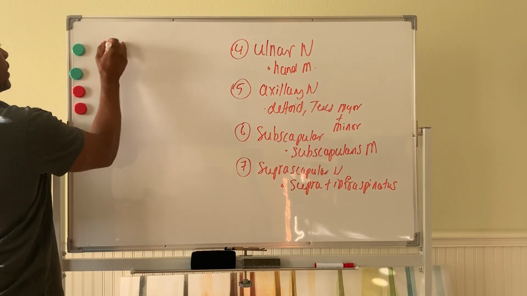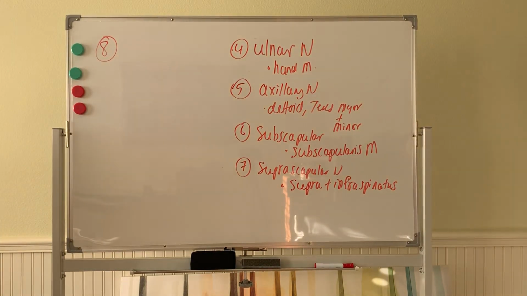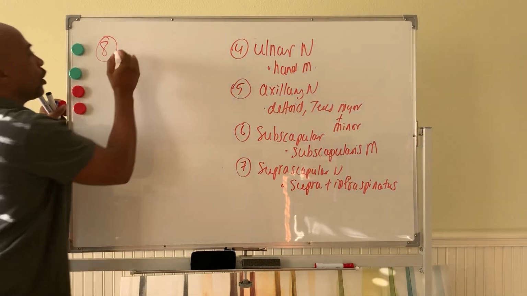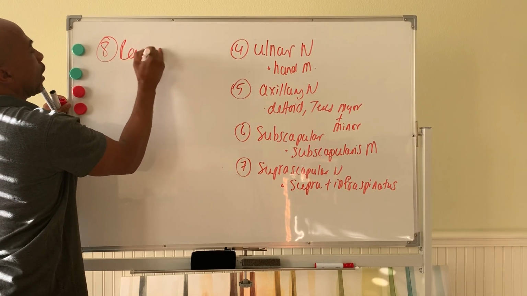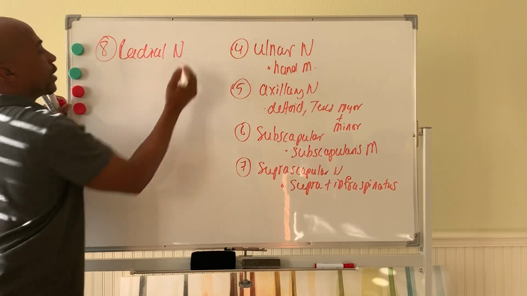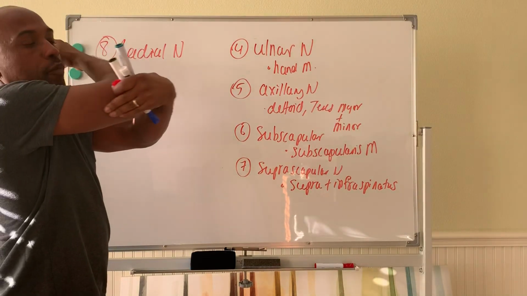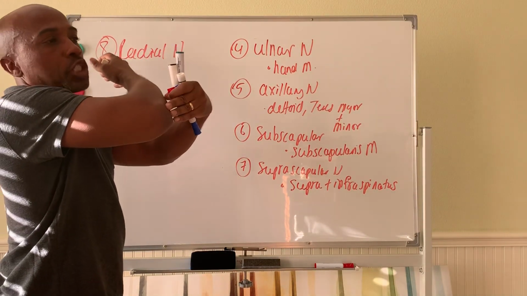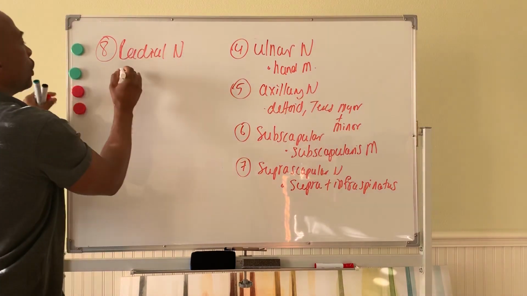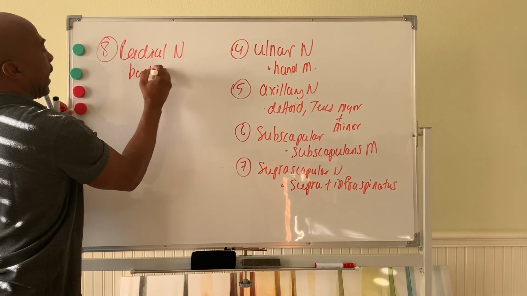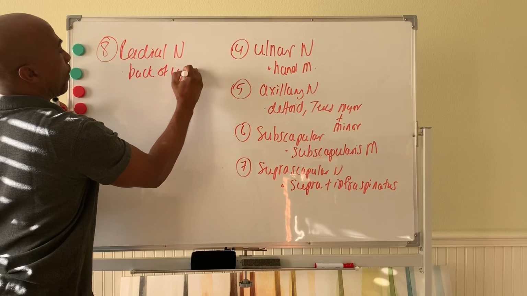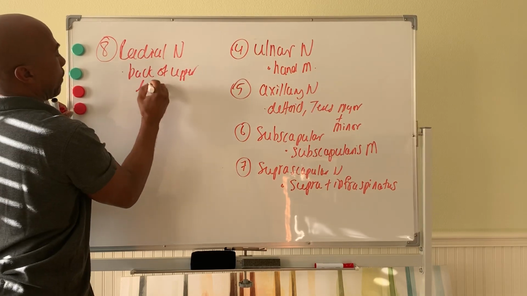We can look at, say, what do we have here? Your radial nerve. The radial nerve here controls the back of the upper limb. So all right here, your triceps and anconeus and your extensors. So back of upper limb, okay?